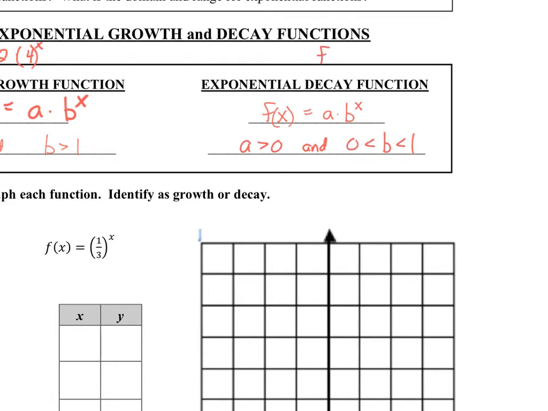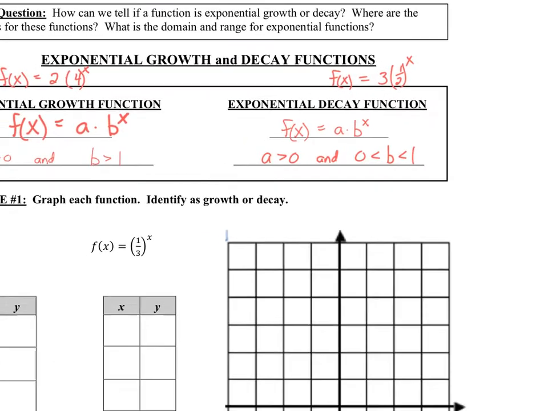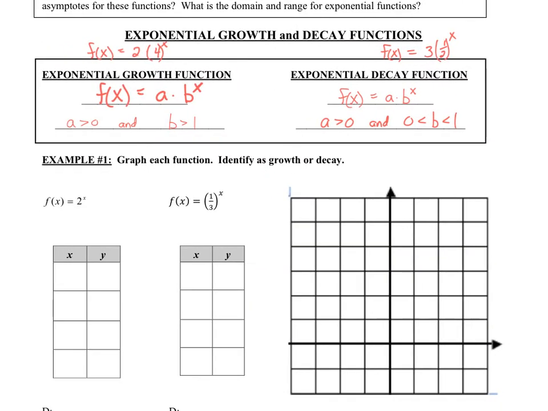So for example, we could have f of x equals 3 times 1/2 to the x power. So b is 1/2. 1/2 is between 0 and 1. Okay, so that is the difference. The b value is between 0 and 1 for a decay, and it's greater than 1 for growth.